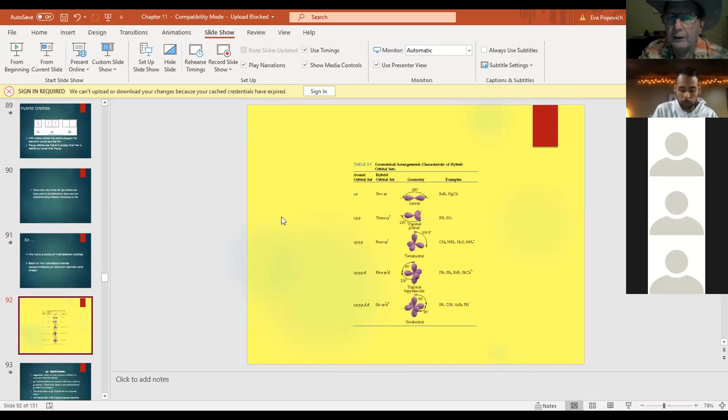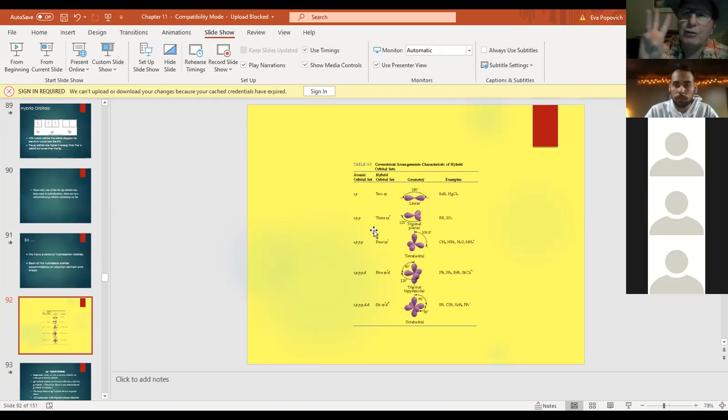So basically, in summary, for all of the electron cloud shapes, if I have two electron clouds, that means I've hybridized two orbitals, an s and a p. I'm going to call that hybridized orbital sp. So sp, two electron clouds, sp hybridization, they're 180 degrees apart from one another.